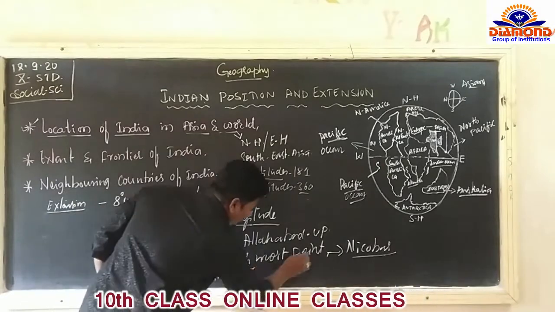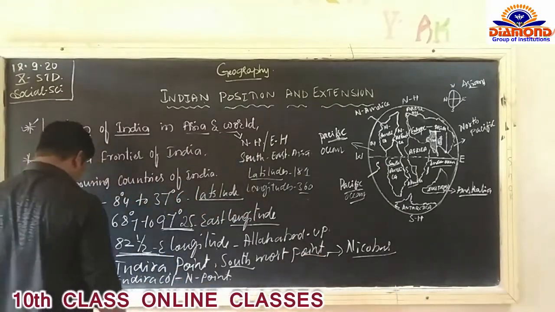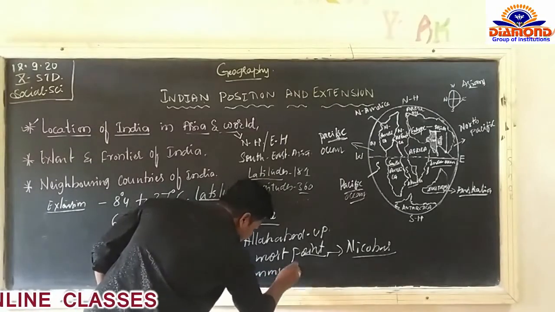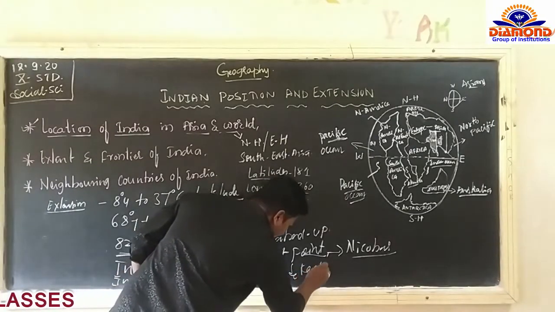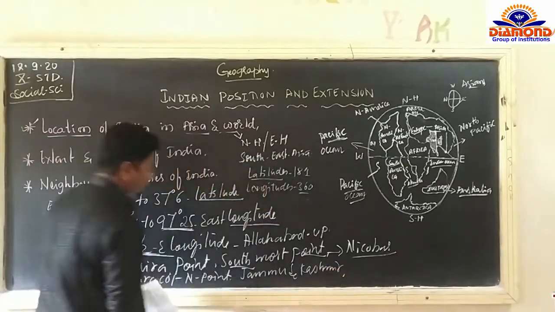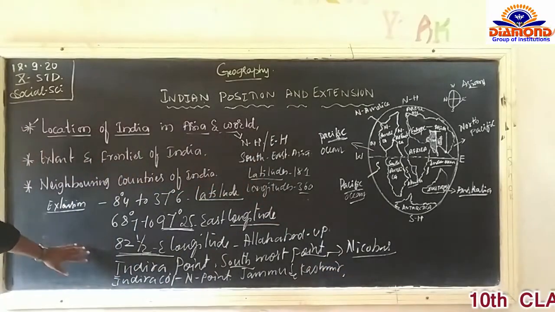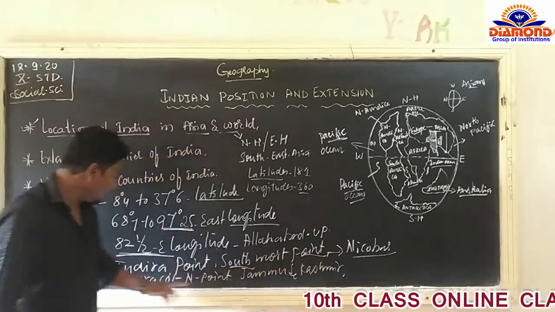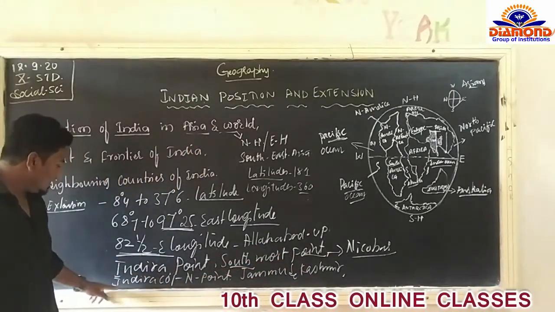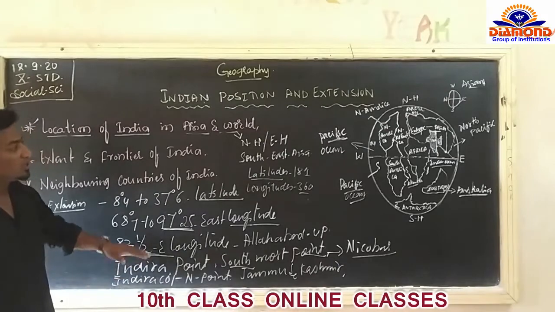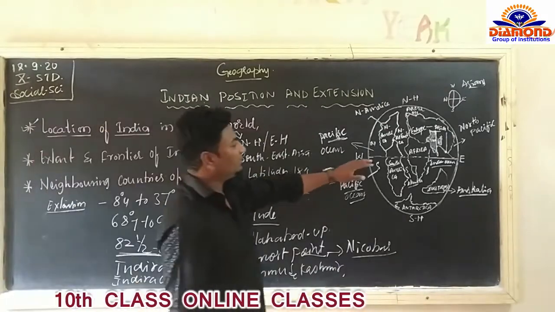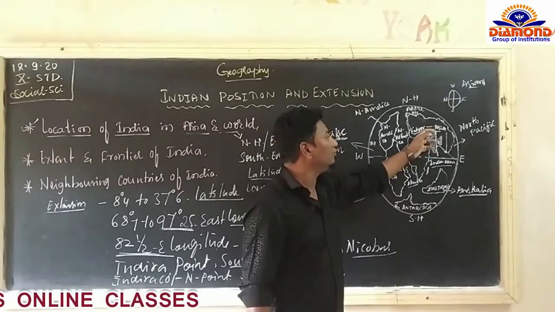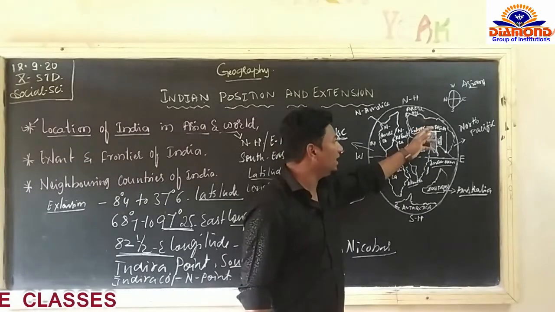This is the south point and this is the north point, which is at Jammu and Kashmir. The southmost point is Indira Point, and Indira Col is the topmost position, the first position which starts in India.